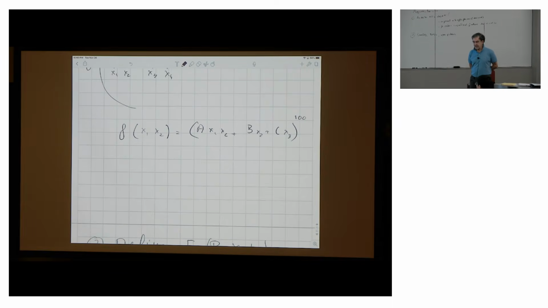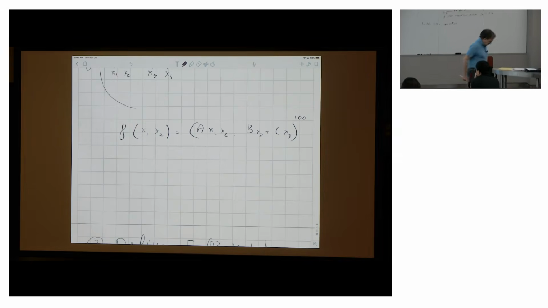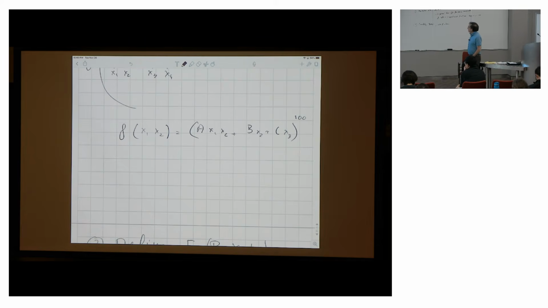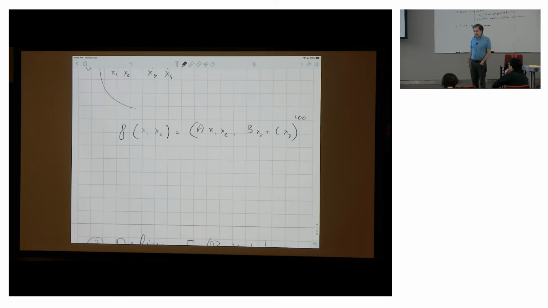So you need 100, not 2 to the power. Well, let's see, it's k to the d, so this would be 100 squared, 10,000, because you have the 2 variables. If it were 1 variable, it would be 99, but we have 2 variables.